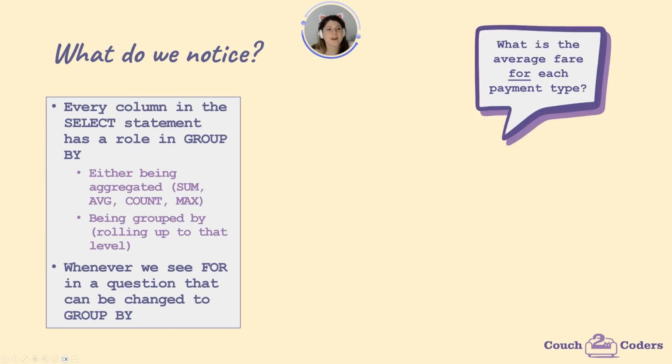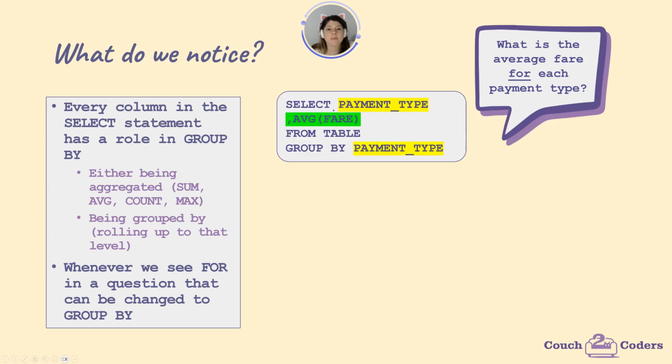So what is the average fare for each payment type? We have our average fare, that's our aggregate function highlighted in green. And then our group by is for each payment type. So we want to group by payment type, and then we also have to add it in the select statement up here.